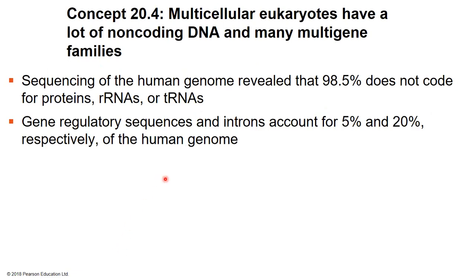In the next concept, we're going to learn about the structure of the human genome. So far in this chapter, we have been focusing on genes that code for proteins.